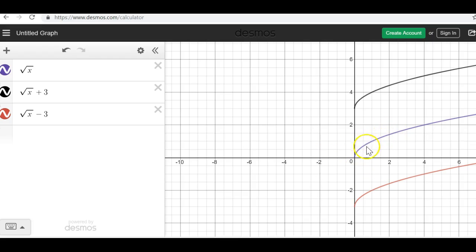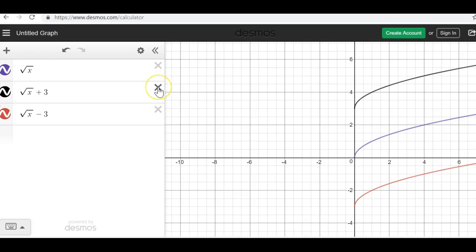This is my original, and when I subtract 3 units, it shifts the whole graph 3 units down. One long way is to create a table. The shortcut is for us to learn how to remember about the transformations that are happening to our graphs.